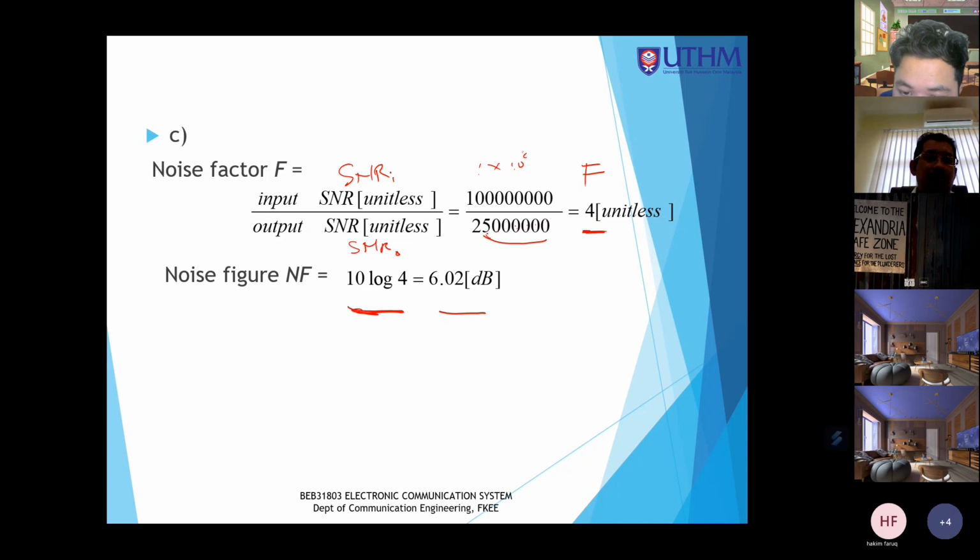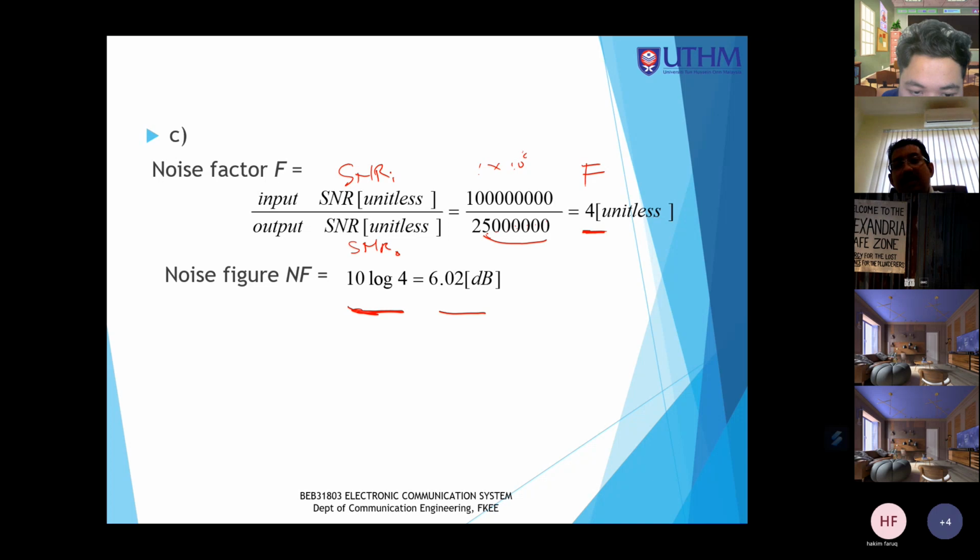Ni boleh cuba. Kalau you guna calculator, 10 log 4 sama dengan 6.020599. So dia boleh buat 6.021. So you boleh buat 6.021. So dapat 3 titik perpuluhan, 3 decimal point. That's my suggestion so that you can produce a more precise answer.